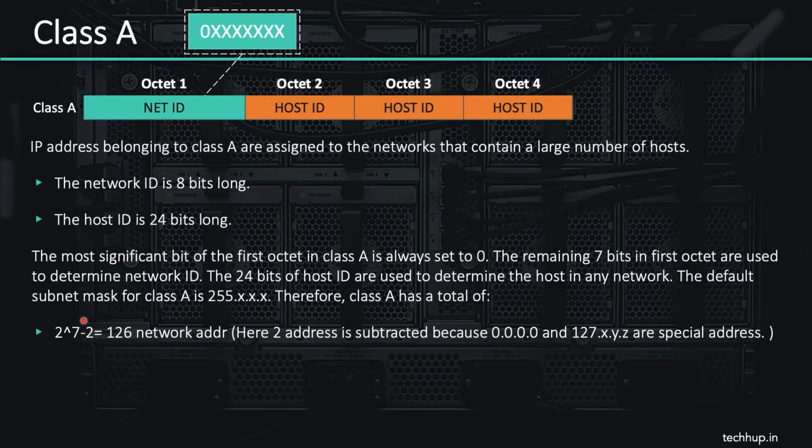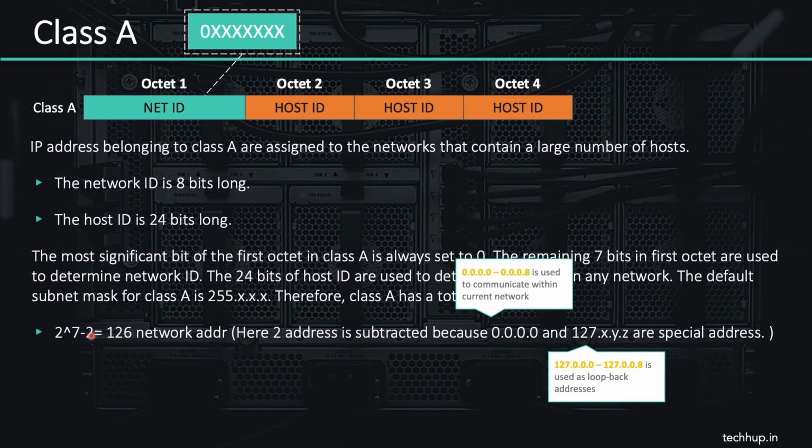So we raise 2 to the power 7, and then we subtract 2 from this range because the first address is used to communicate within the network. It's kind of a network number, and then the last range is a loopback address.